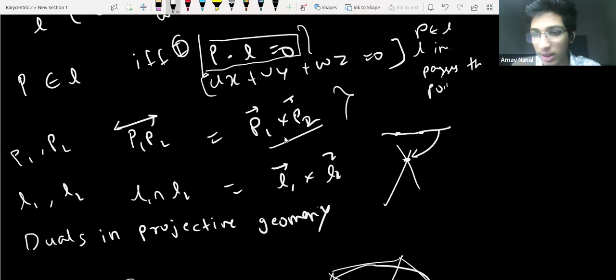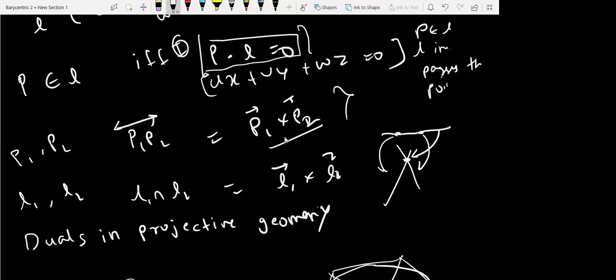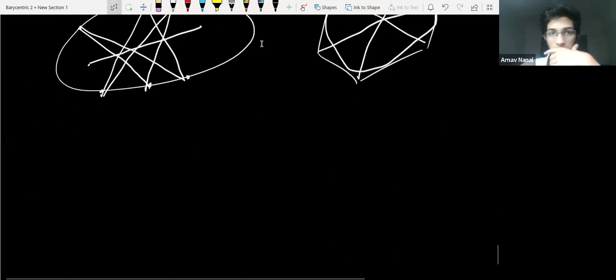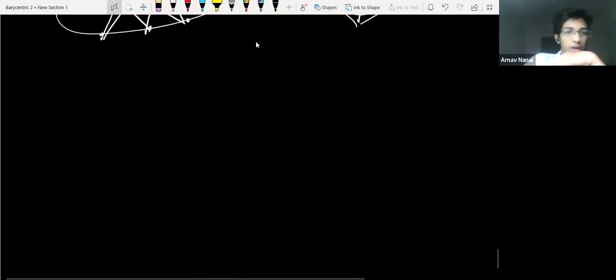So basically this line goes to this point, and this point goes to this line. Does that make sense? Yes, nice. So this was what the digression was about. I will now get back to barycentric.